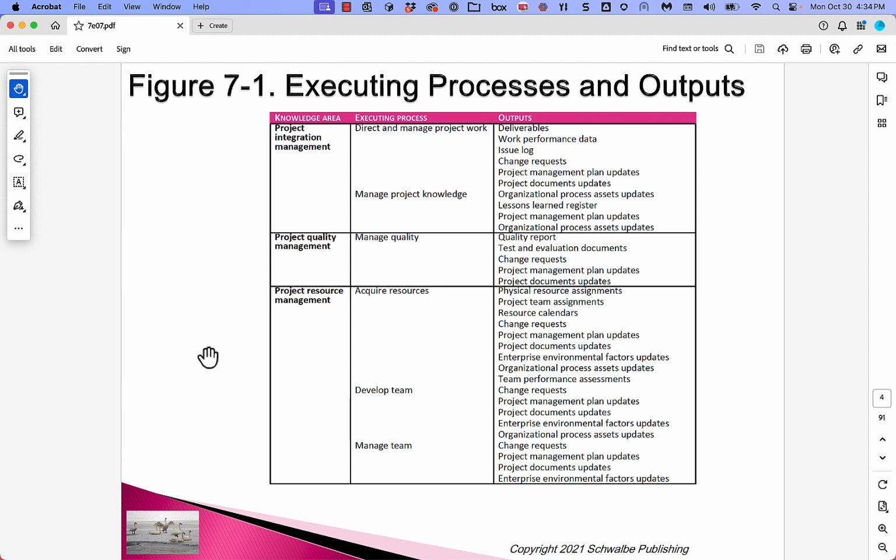And it talks about what goes on during the executing process. Okay, and then it talks about what the outputs are. And I'll leave you to read through this. This is consistent with the claim that here's where all the action is.